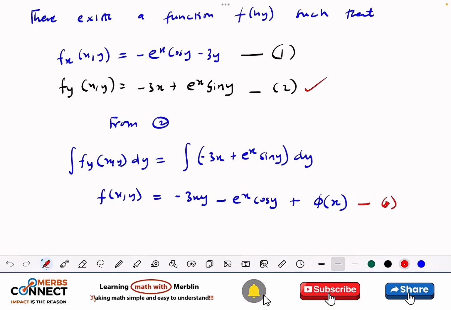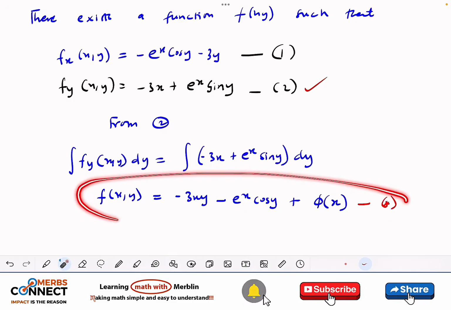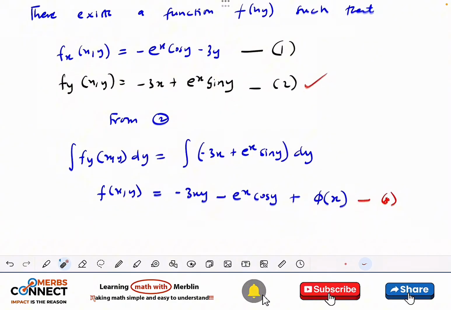So we need to use equation 1. You saw that the first time we used equation 1, and then we needed to use equation 2, so we differentiated equation star with respect to y. Now that we need to use equation 1, this is differentiated with respect to x. So we need to differentiate equation star with respect to x.